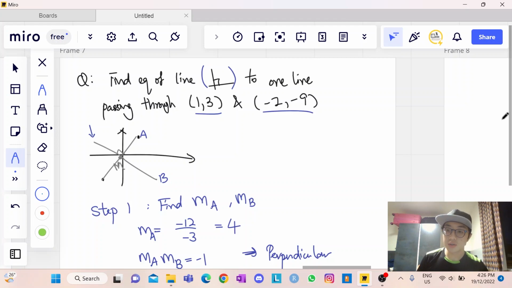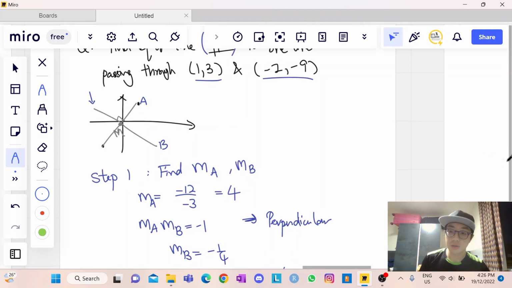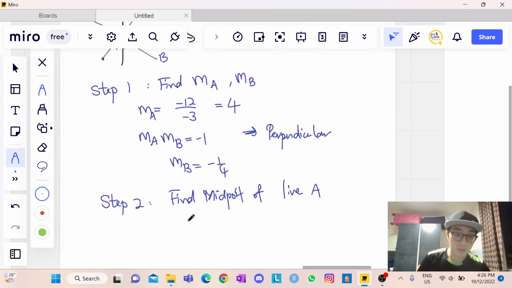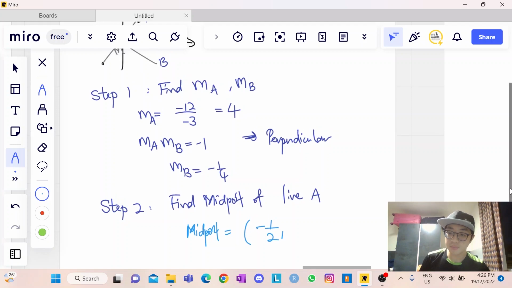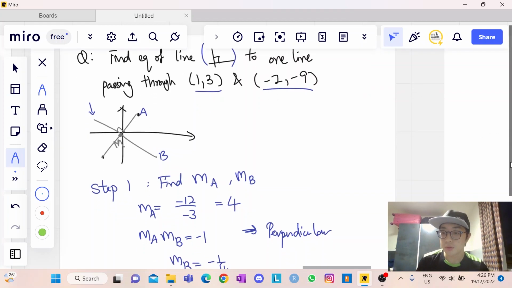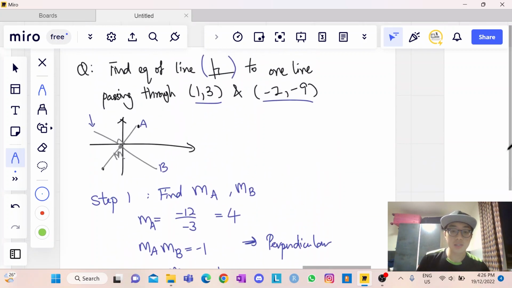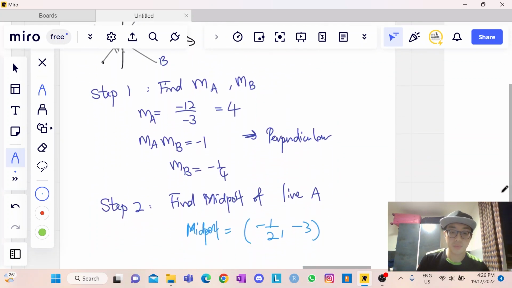So 1 and 3, -2 and -9. So 1 plus -2, which is -1, divided by 2 is -1/2. Okay, it's just that simple. The midpoint is -1/2, and 3 minus 9 is -6. -6 divided by 2 is -3. You can double check with your calculator. So this is the midpoint that we get.